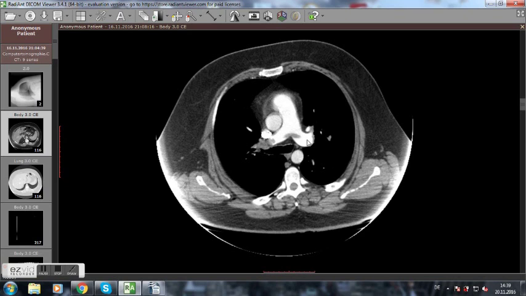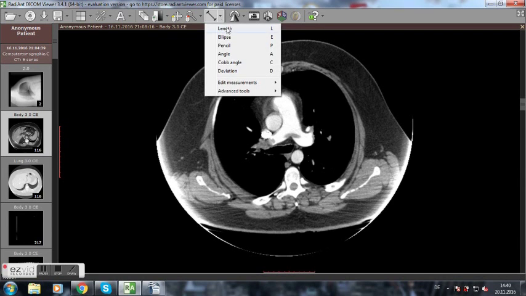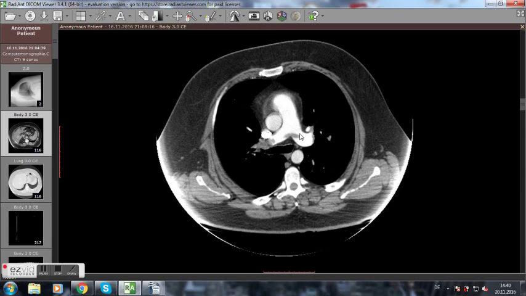And here you can already see the pulmonary embolism. You see here a lot of dark parts within the vessels, and these are blood clots. I will mark them for you so you will know exactly what I'm talking about.